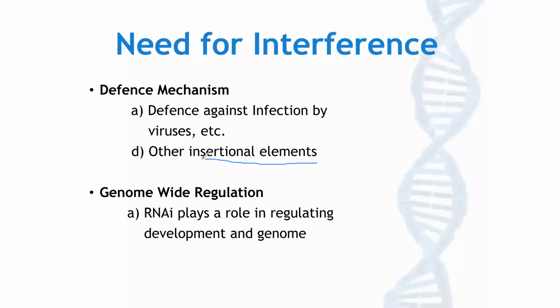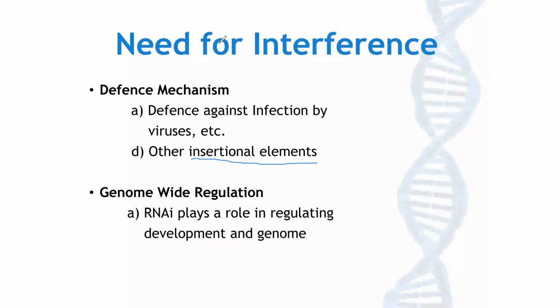In the genome itself, there are what we call insertional elements, or transposable elements. When we say transposable element, it means that they are mobile genetic elements. They are parts of the DNA that have the ability to transfer themselves from one point to another.